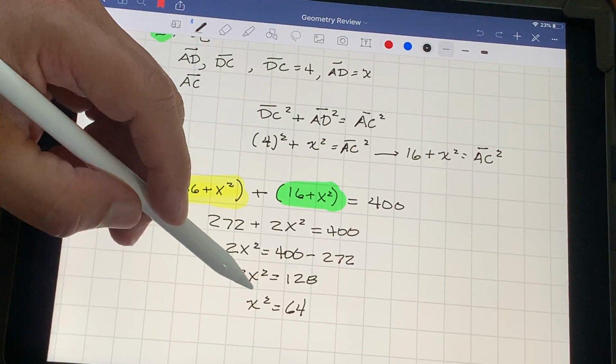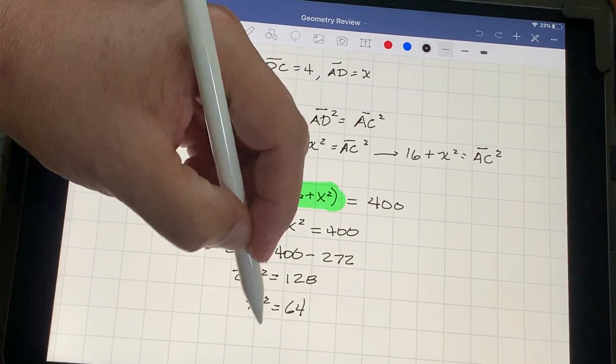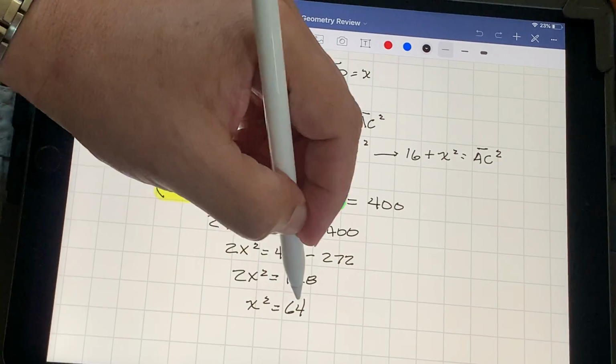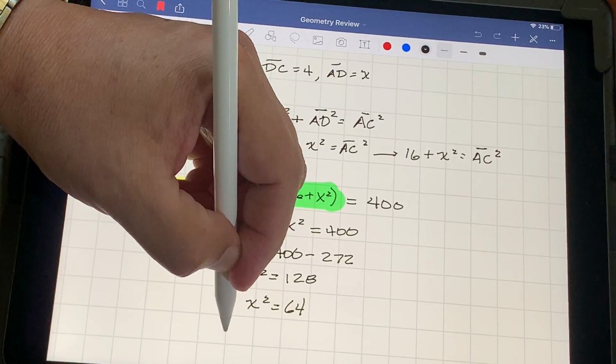So if x squared equals 64, then I can find what the value of x is by obtaining the square root of each term on either side.